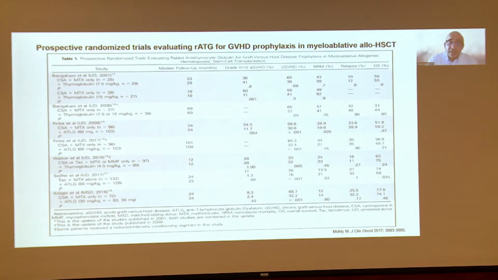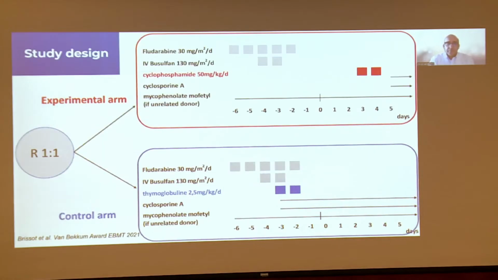And this is why in European countries, ATG is the backbone for GVHD prophylaxis in the matched unrelated donor and in myeloablative conditioning transplantation, but also in reduced intensity conditioning transplantation.